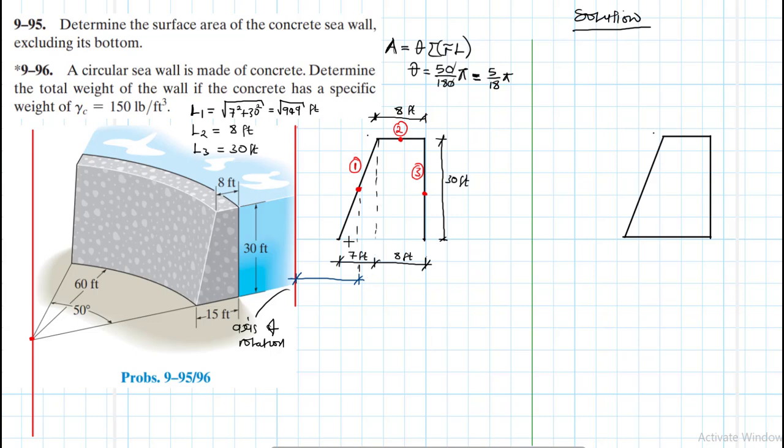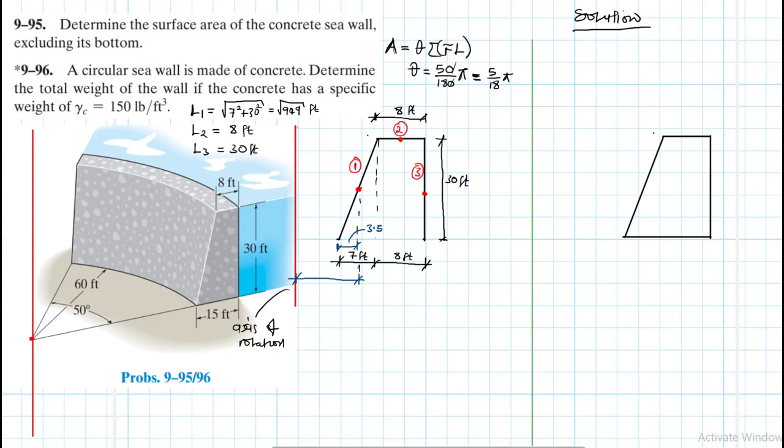Okay. So we know that here from there to there, this is going to be equal to 3.5, right? It's going to be equal to 3.5. Okay.